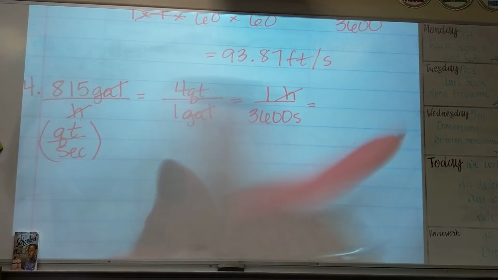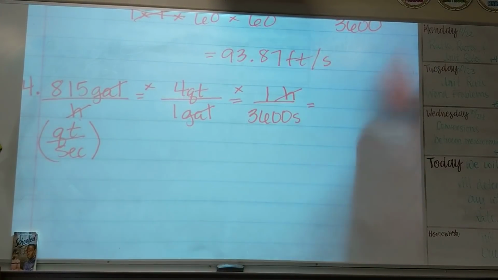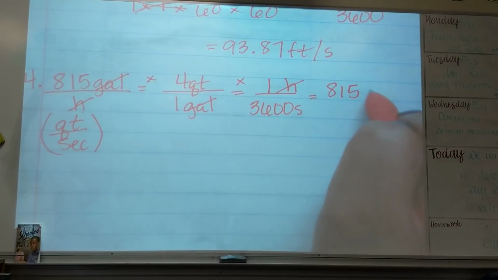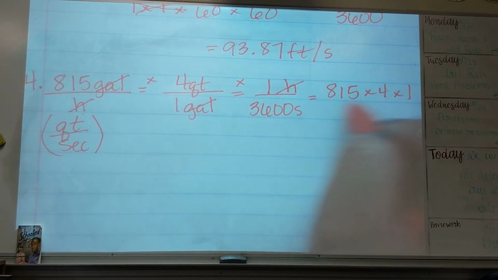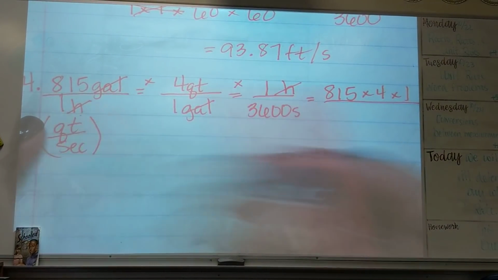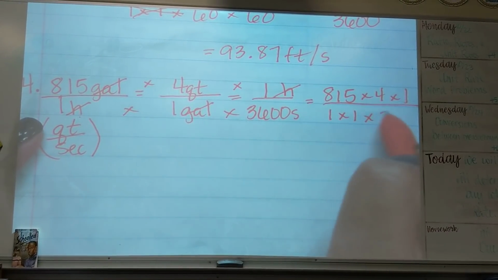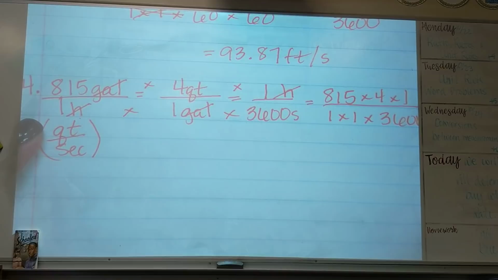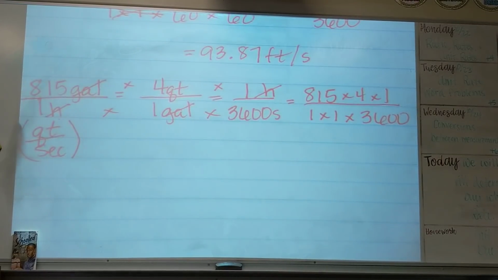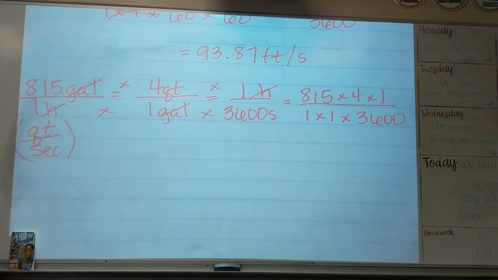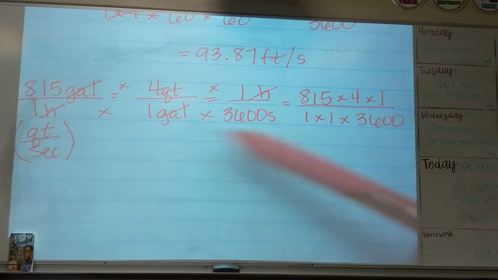Okay, so you're going to multiply all the way across. So 815 times 4 times 1. So all the way across. So 1 times 3,600. Okay, any questions on how I got those?